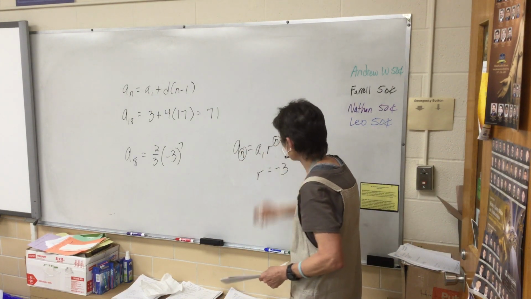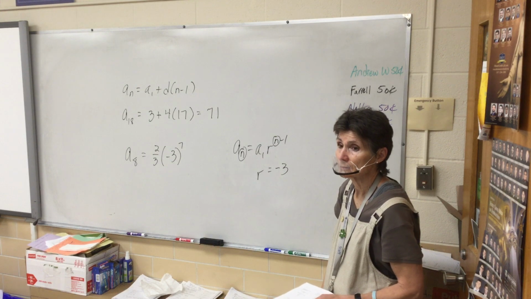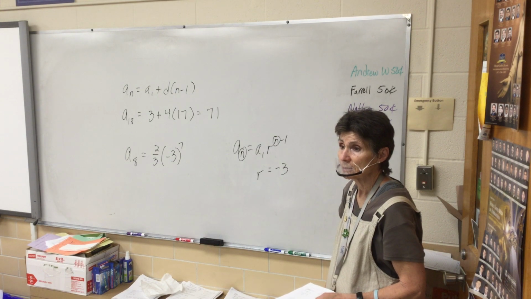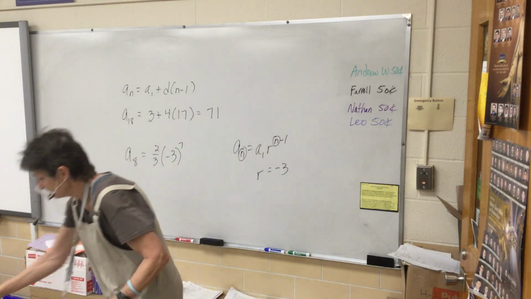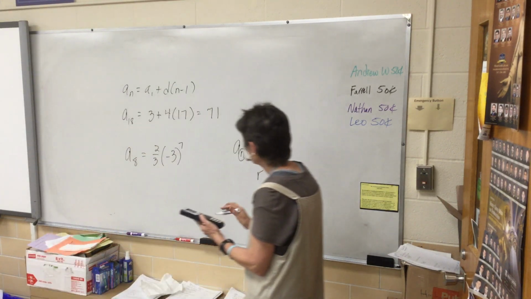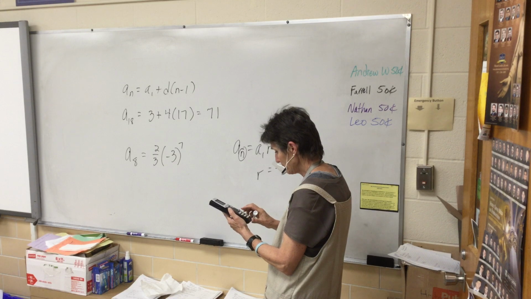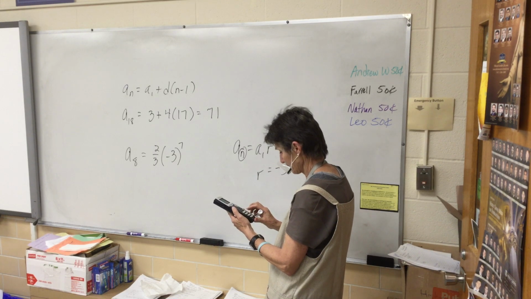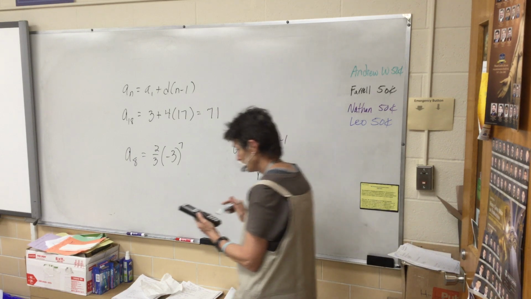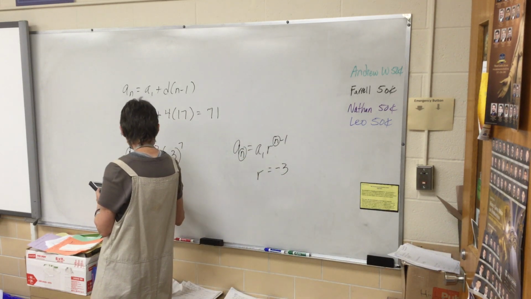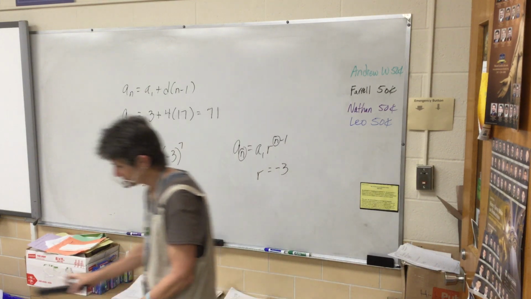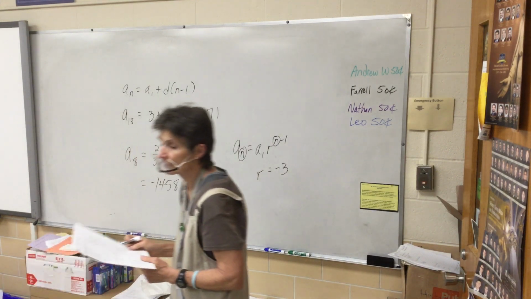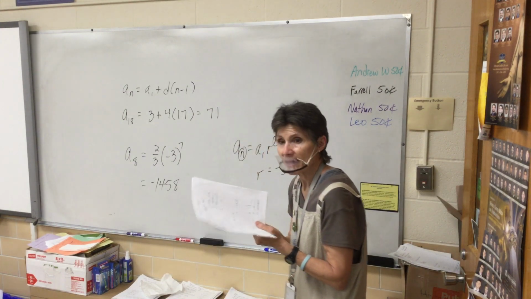That and that are the same number. So what is that? Not that I don't believe you, but let's just double check. You say negative 1458? You are absolutely correct. All right, everybody okay with that?